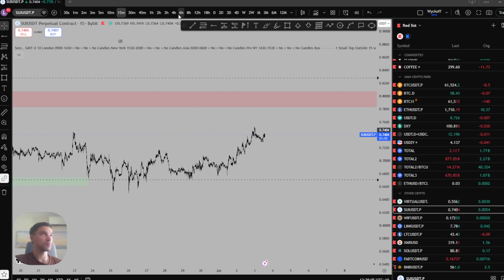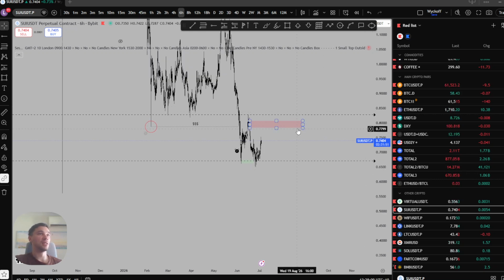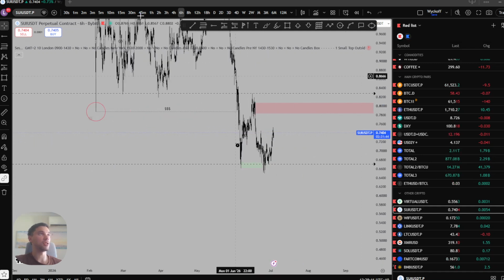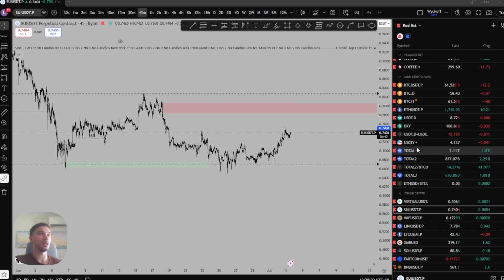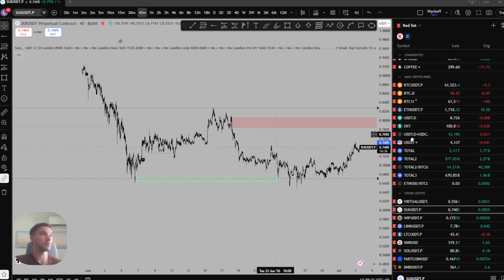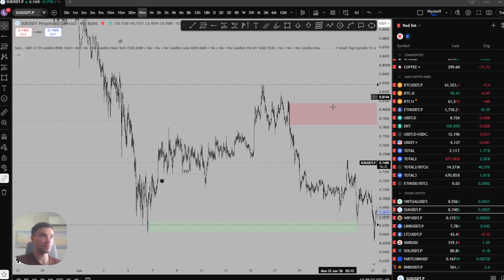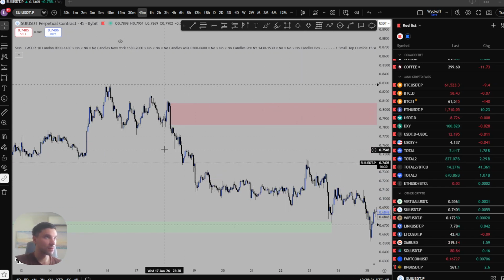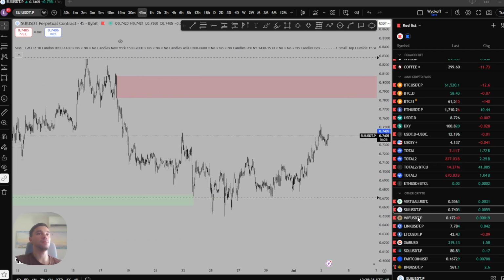That's kind of it for Sui. Not a whole lot that I'm willing to really draw on at the moment. There's just not much going on. Yeah, we'll leave that as is. That's kind of the main supply that I'm seeing. This has been mitigated. Sweet.